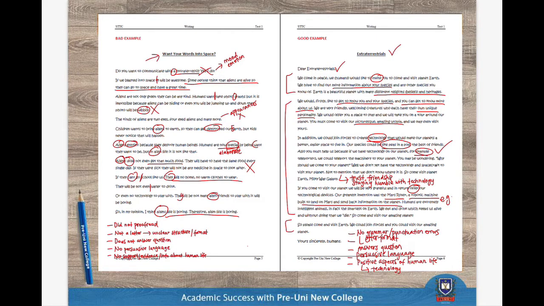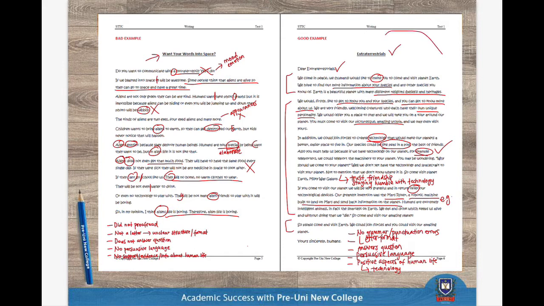So in the introduction, it's talking about the purpose of this letter, so we want to invite extraterrestrials to Earth, but then at the same time we also want to learn about them. And some of the stuff that we can offer them could be different religions, beliefs, and heritages.